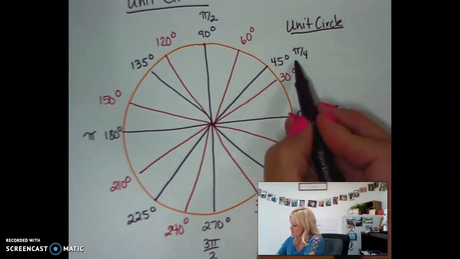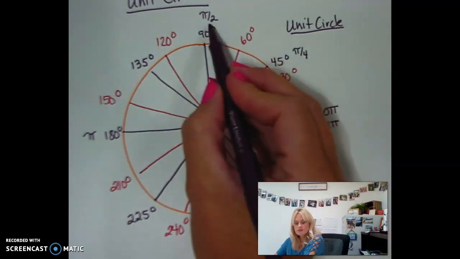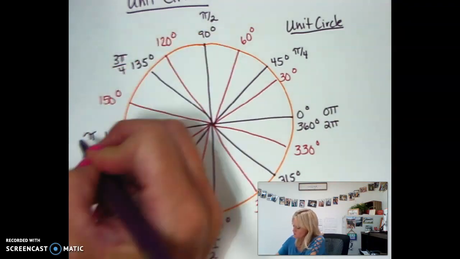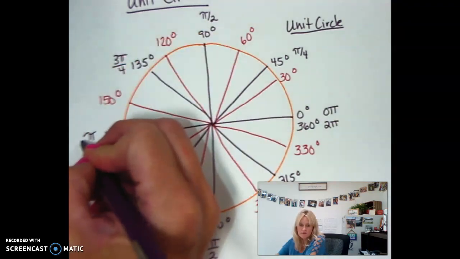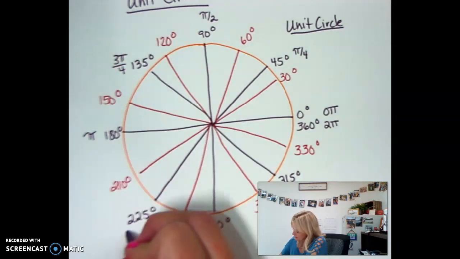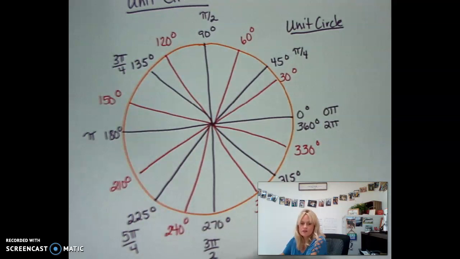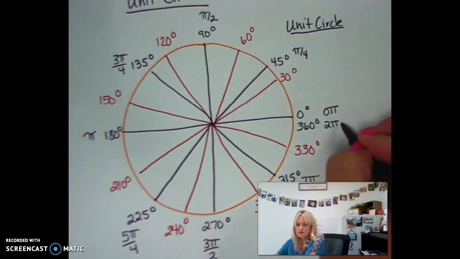So 1/4, 2/4, which reduces to a half, 3/4, 4/4, which is 1 pi, 5/4, 6/4, which reduces to 3 pi over 2, 7/4, and 8/4, which is 2 pi.